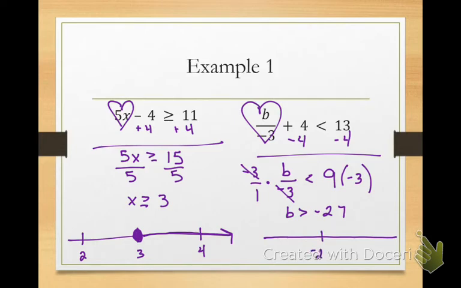Okay, so negative 27. I want you to fill out the rest of your number line. You decide if it's open or closed dot and which way your arrow goes. Go ahead and finish that.